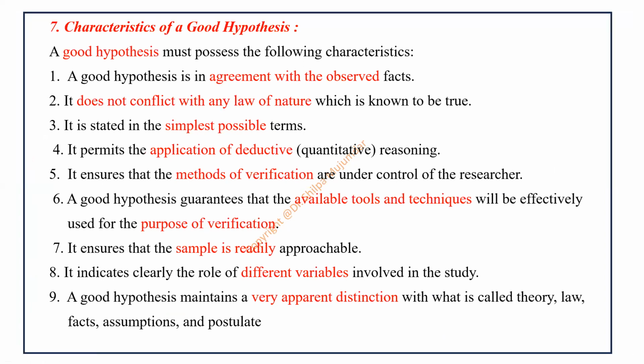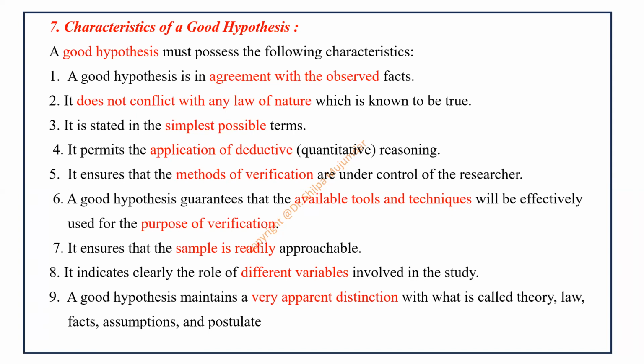So following are the characteristics of good hypothesis. A good hypothesis is in agreement with the observed fact. So whatever fact you are observing is not rejected in your hypothesis. You're not going to say something opposite to what you are observing.